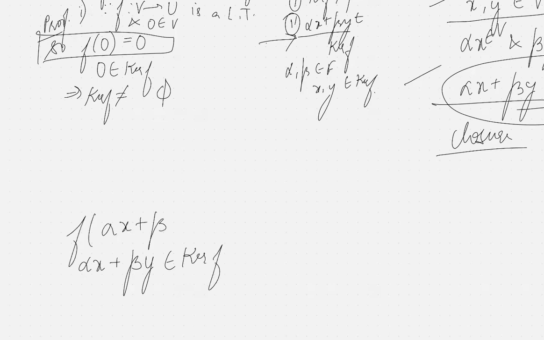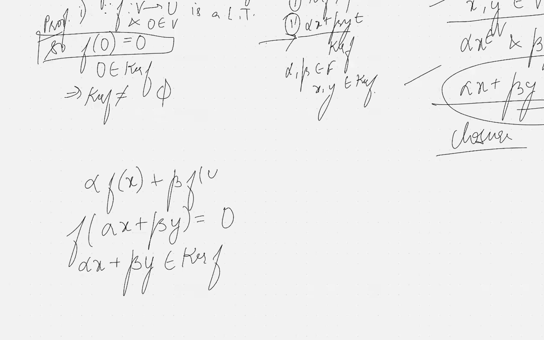Why will f of this be equal to 0? F is a linear transformation. If before this step we get something like alpha times f of x plus beta times f of y equal to 0.